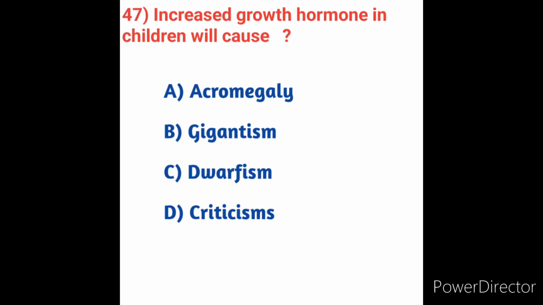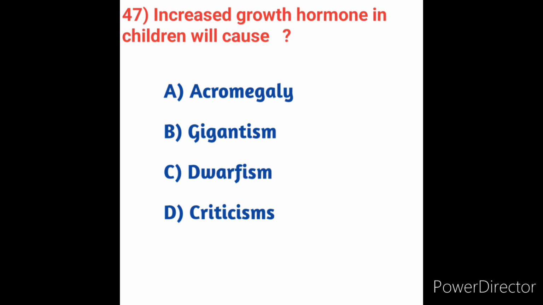Due to increased growth hormone, acromegaly and gigantism are the disorders of hypersecretion of growth hormone. The most common cause is a growth hormone secreting adenoma in the pituitary gland.